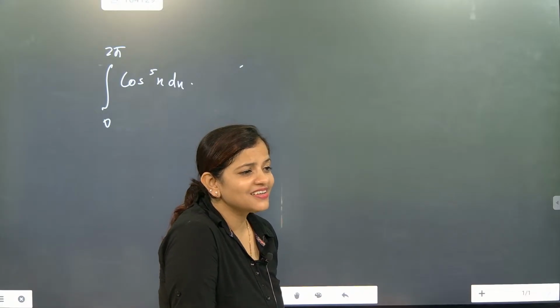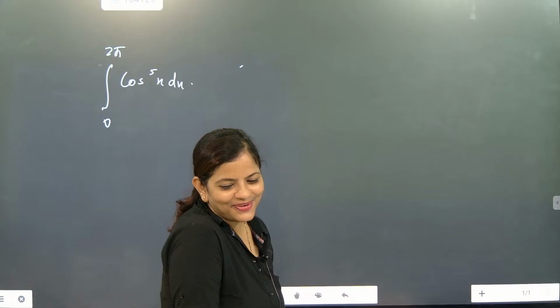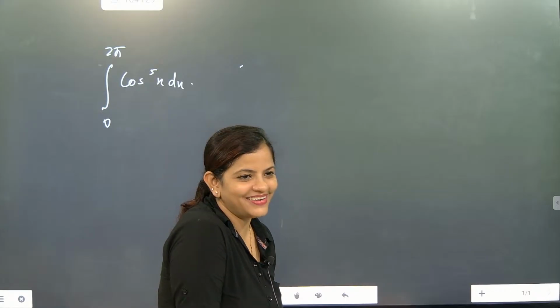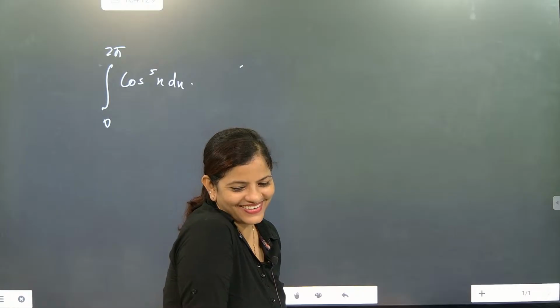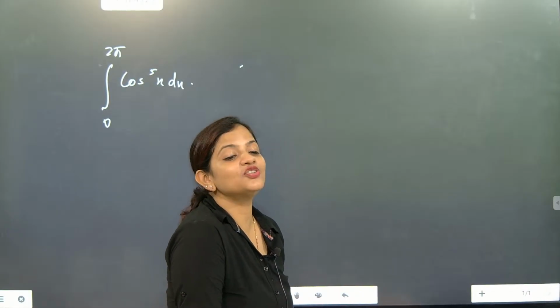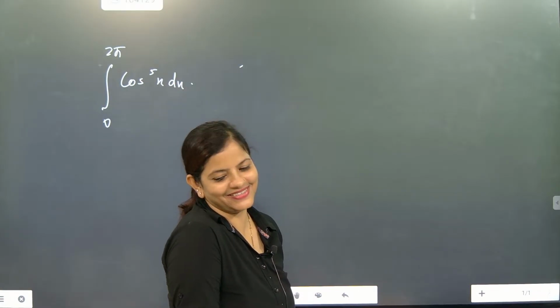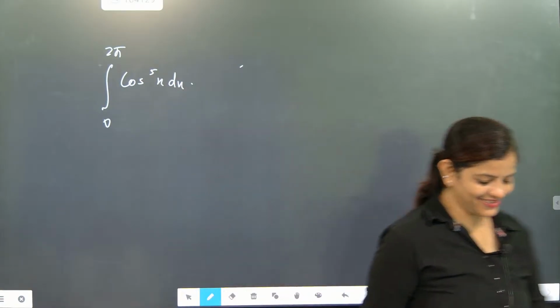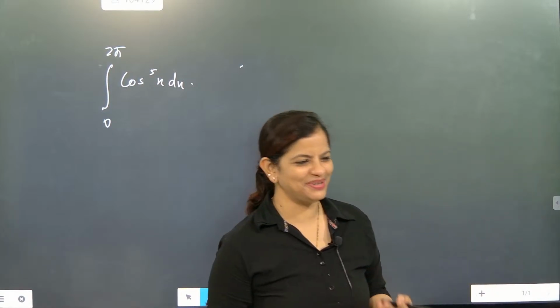Minus 2, 0, 1, 10, 0. Excuse me, sir. If you are getting 0, show me how you are getting 0. That is a question, I think. How am I going to get 0? Pray to God you should not get 0 in the board exam.